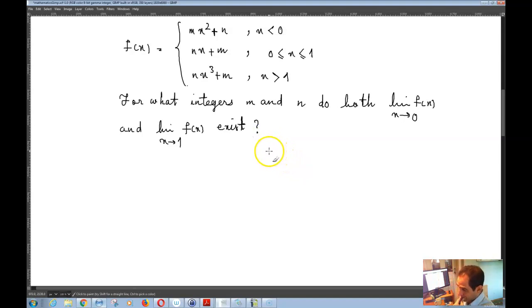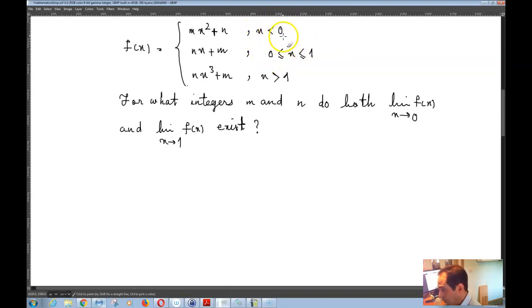Okay, so you have a second degree polynomial here, you have a first degree polynomial here, and you have a third degree polynomial here. And this is for x's greater than 1, this is for x's greater than or equal to 0, less than or equal to 1.